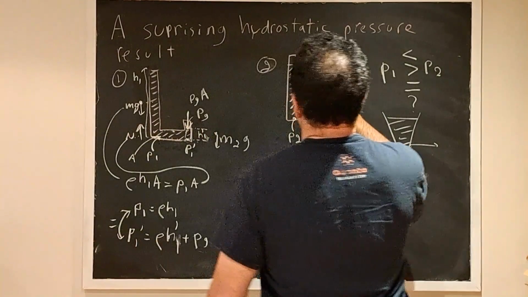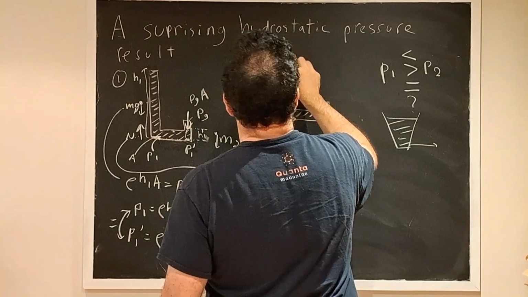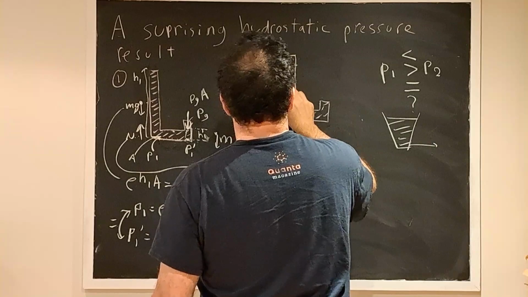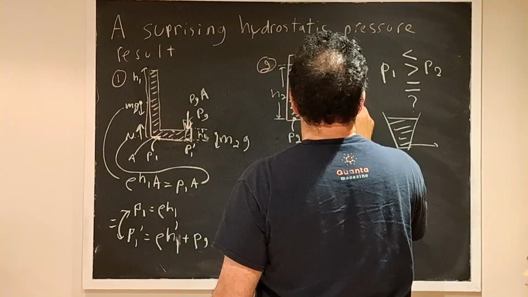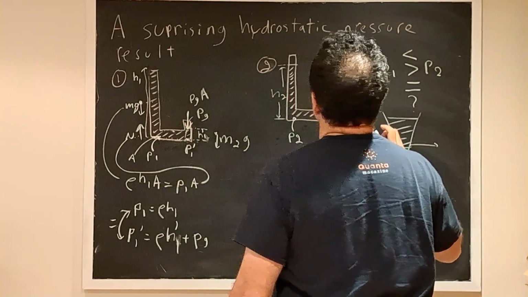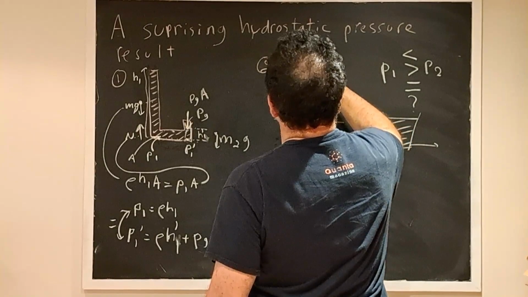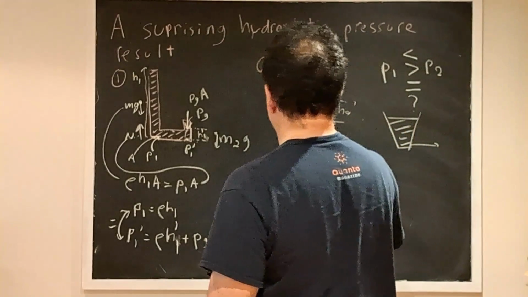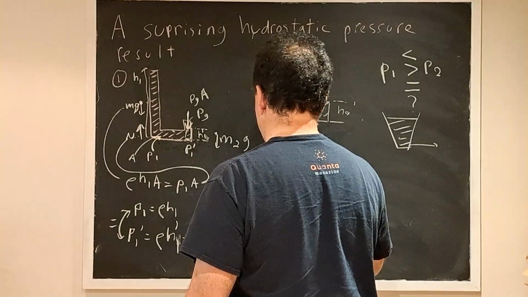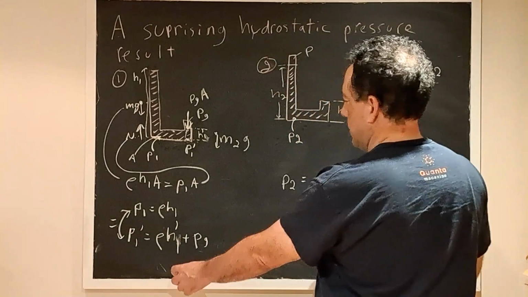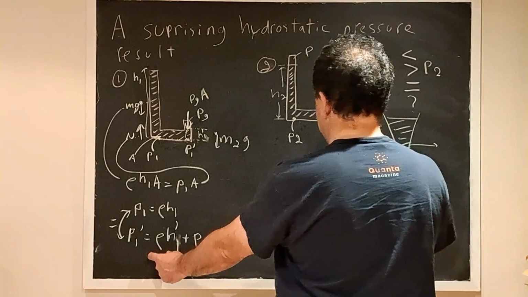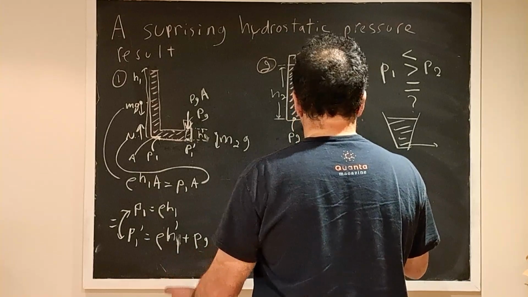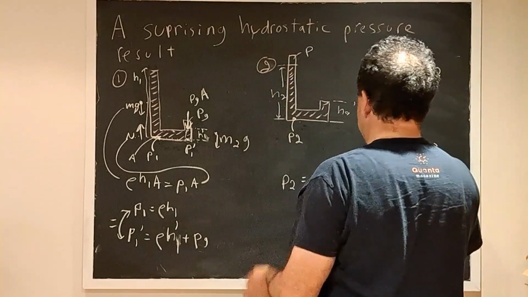Then we have a different H2 here, we have a different H2 prime. And here we have the same pressure. We knew that it was the same pressure. So we know that P2 will be equal to the same thing: the density times the height, which is H2, plus the same term due to the pressure of the gas, which doesn't change.